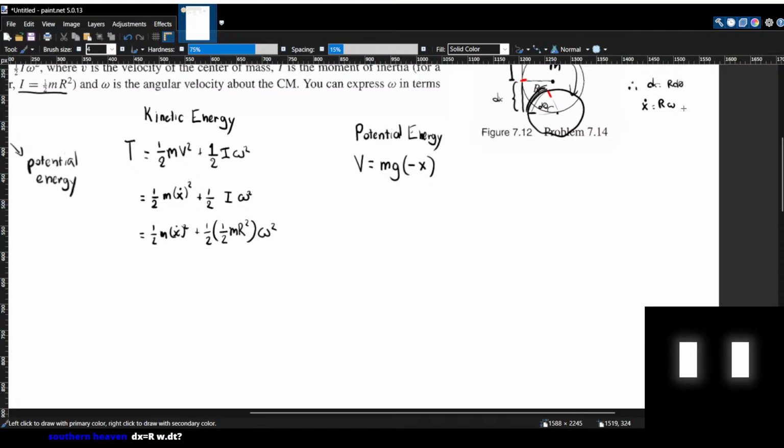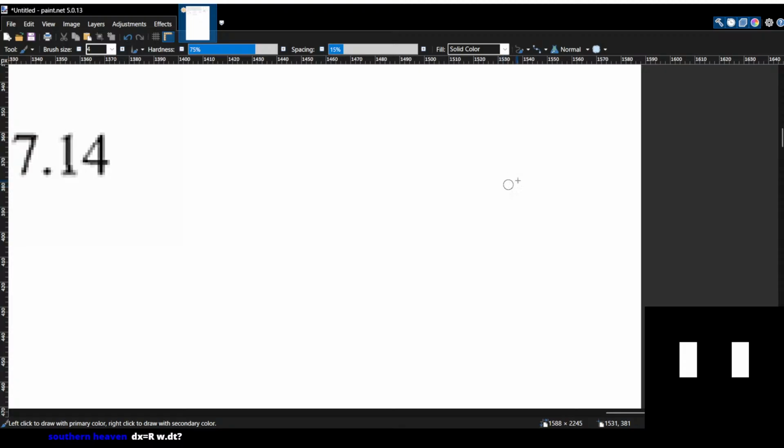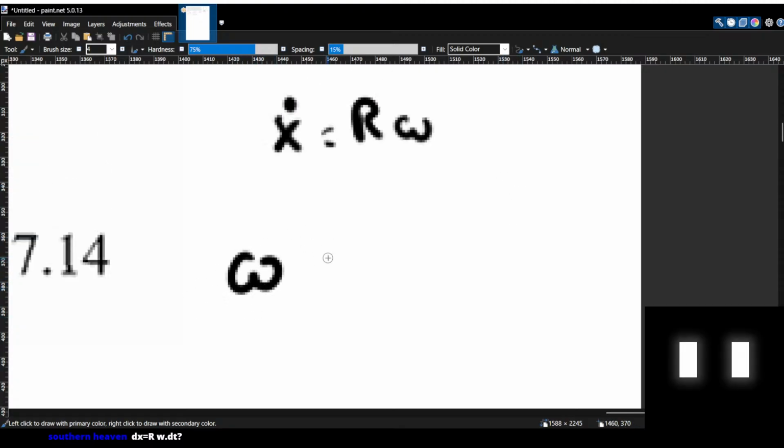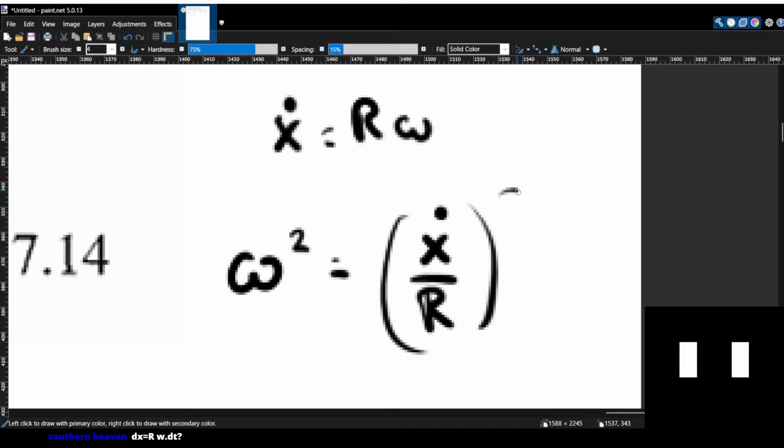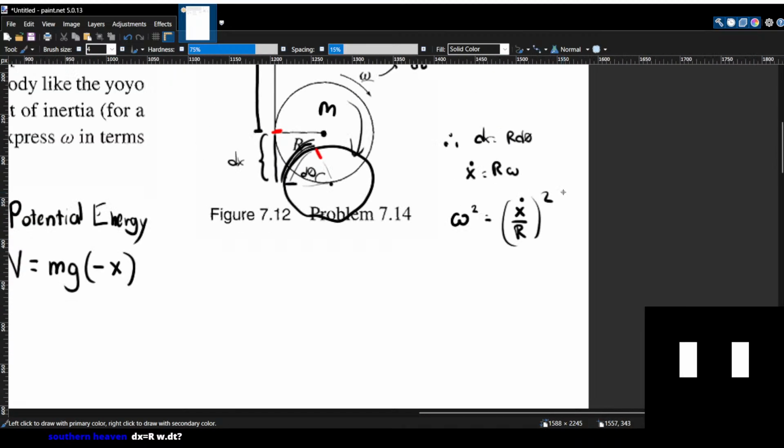Now, let me zoom in. We know that omega squared is going to be equal to x dot over r, squared.